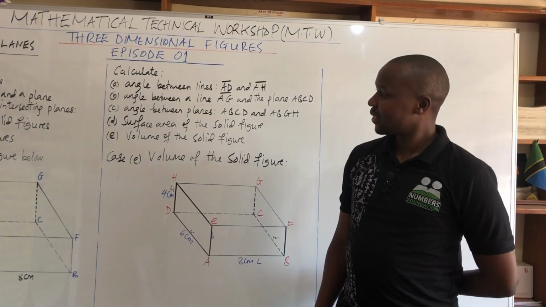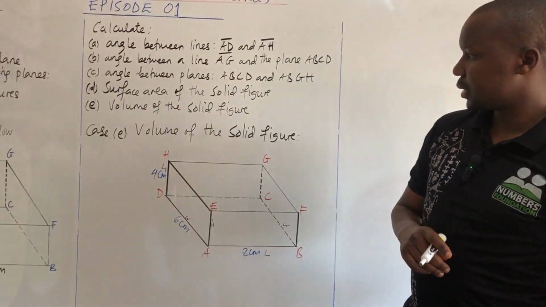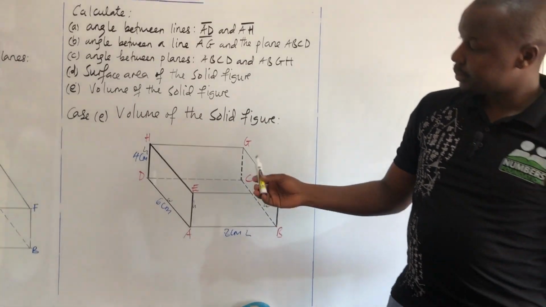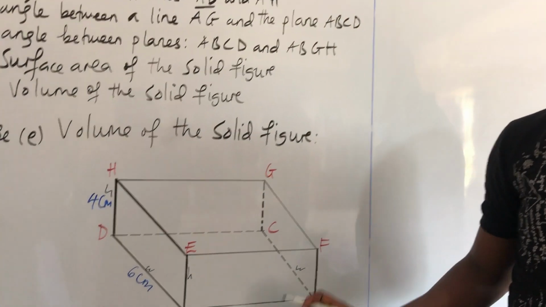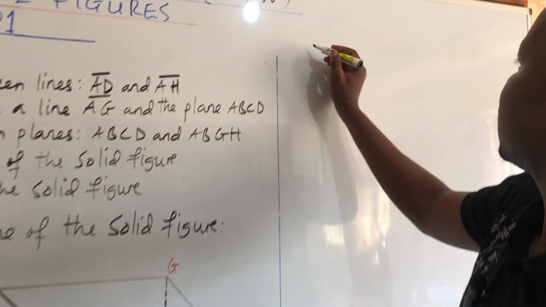Okay, the last part we are going to see is the volume of the solid figure. Now our figure, as I said earlier, is a prism, a cuboid, and we have 3 dimensions, the length, the width, and the height as shown. Solution.